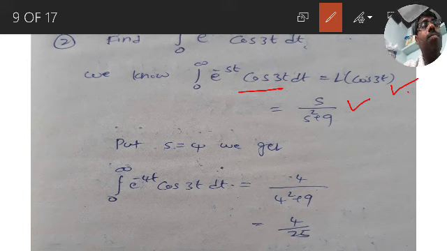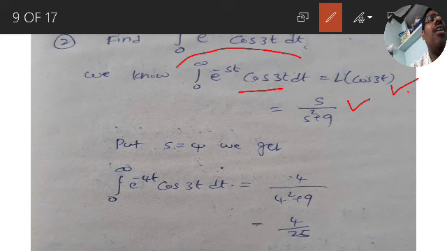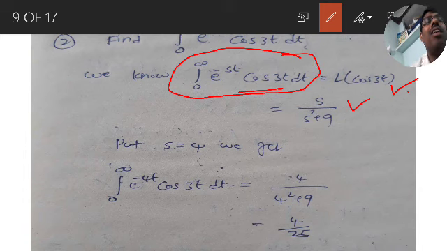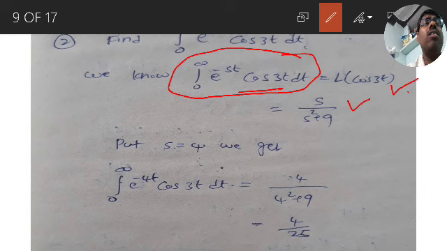We got this. What is L of cos 3t? Integration 0 to infinity e power of minus st into cos 3t dt is s by s square plus 9.